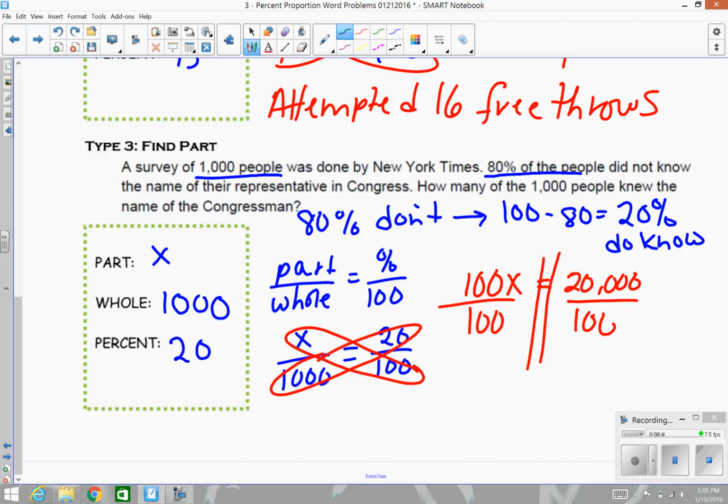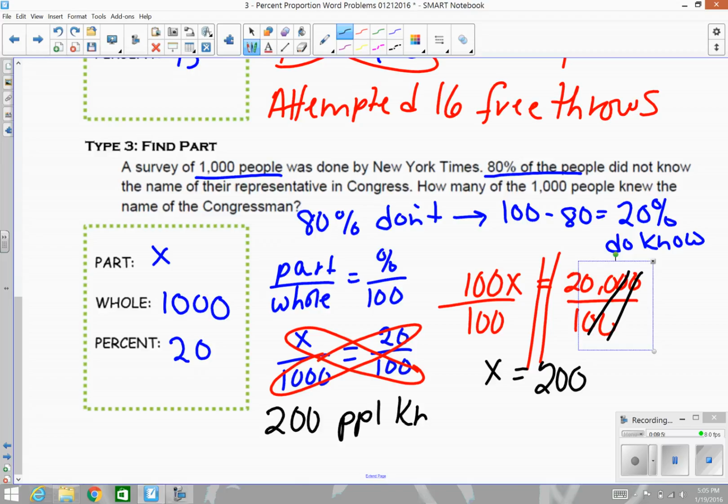And what's nice about this is these zeros cancel, and we get that x equals 200. Okay, so out of 1,000 people, 200 people knew their representative. Okay, so that's part out of the whole number of people. When you're all set, flip the page.